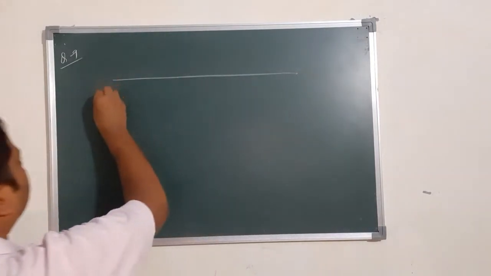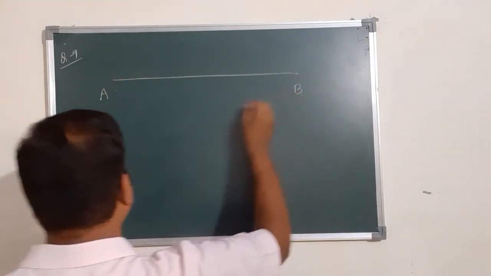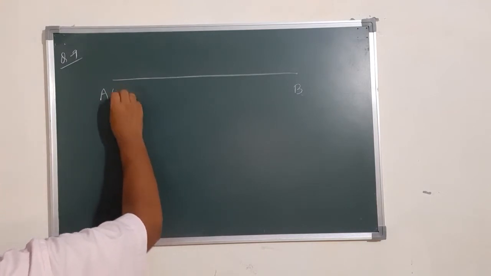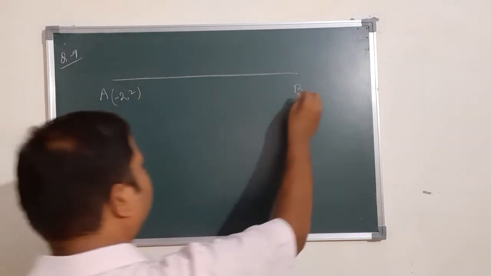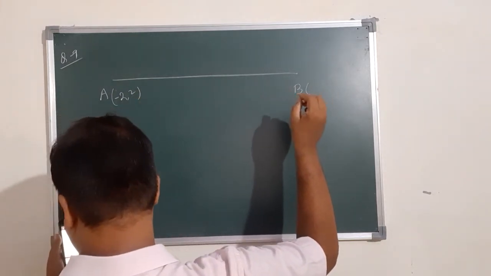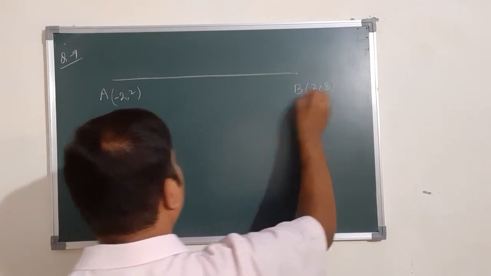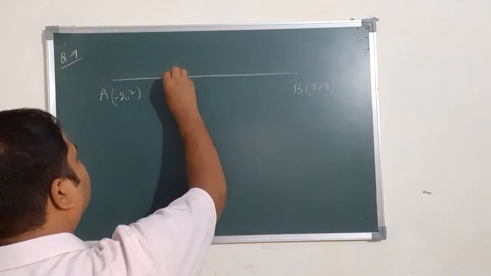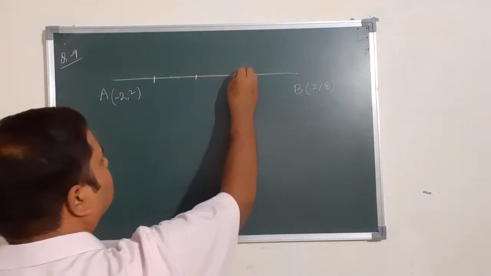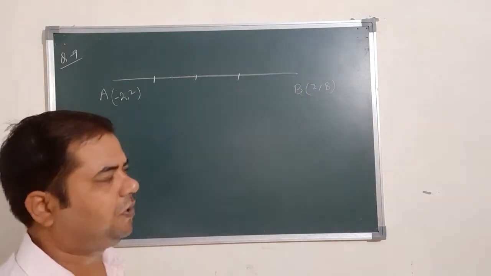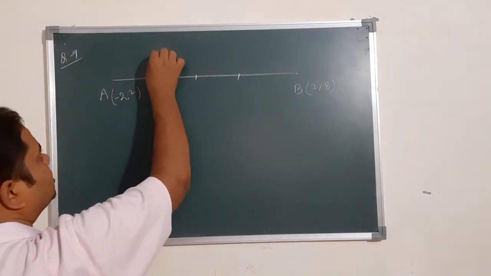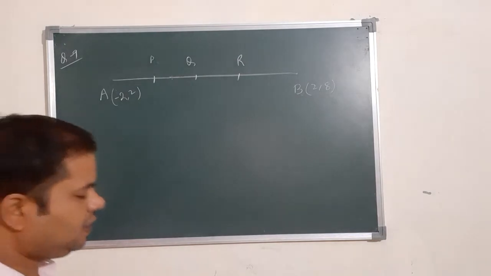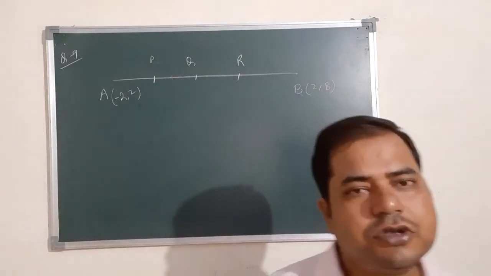This is the point A (-2, 2) and this is the point B (2, 8), and it is divided into four equal parts. The division points are P, Q and R.